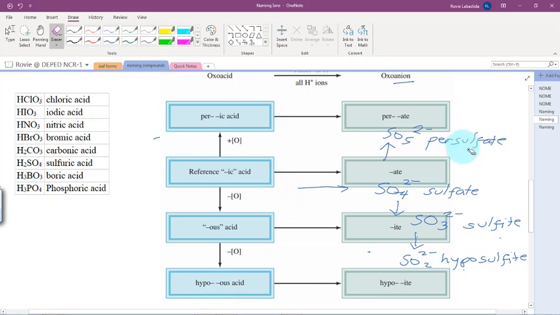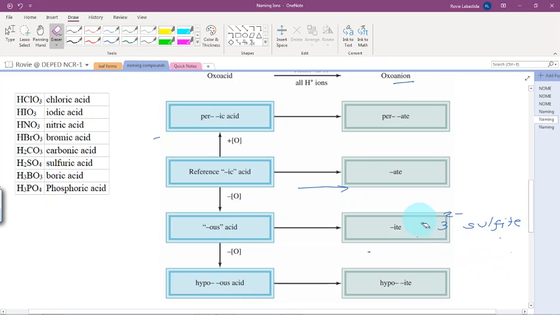Let me just erase this. Alright, there you go. So what we are actually doing, we're deriving the polyatomic anions from the reference ic acids. So let's have boric acid, because these are the most common polyatomic anions.